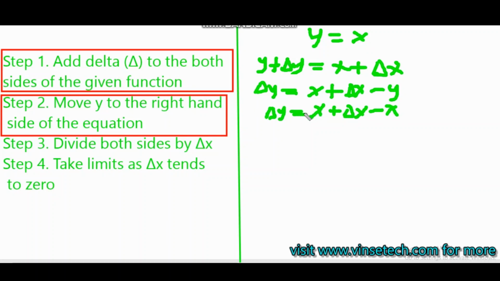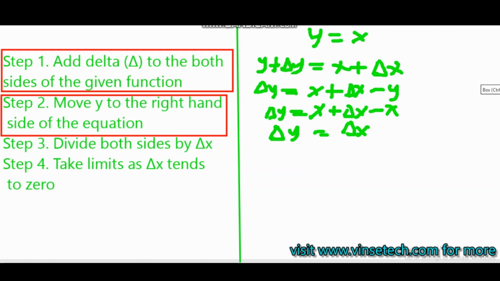So looking at this equation, you could see that the x here can actually cancel out. That is x minus x. So cancelling both x, we now have change in y is equal to change in x.